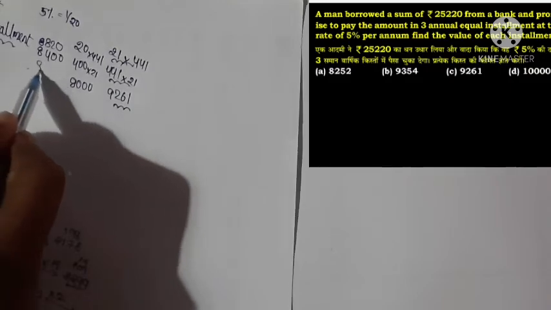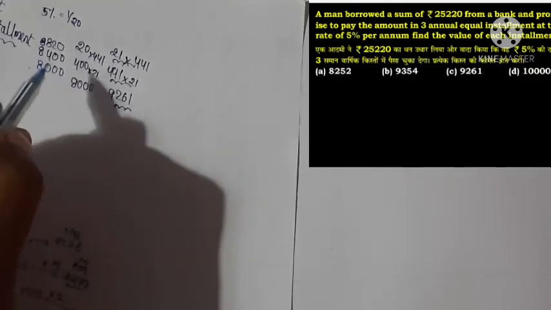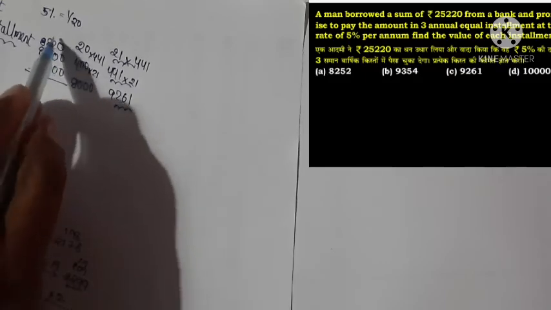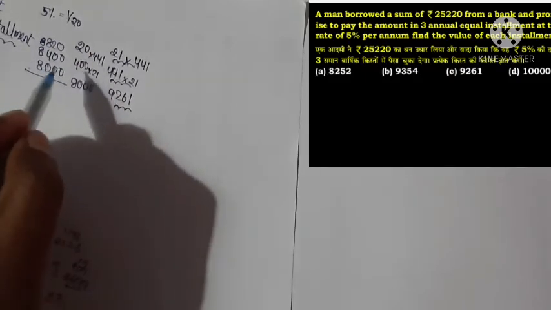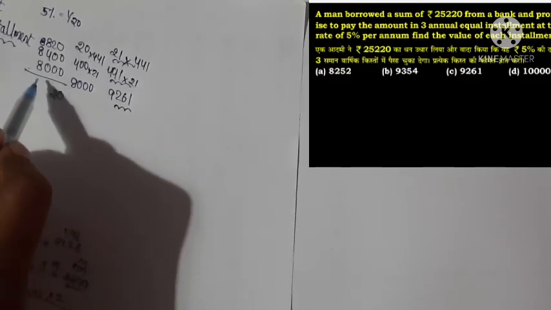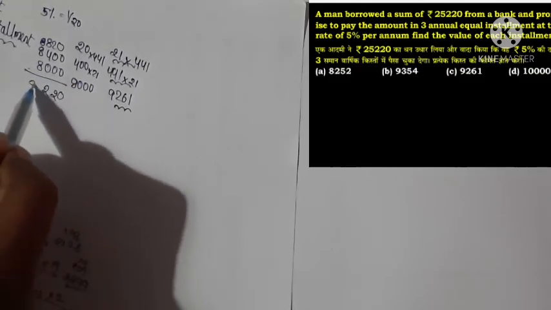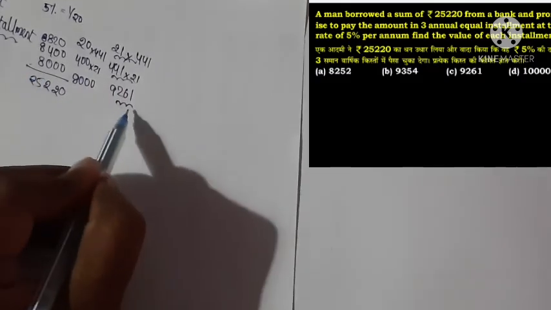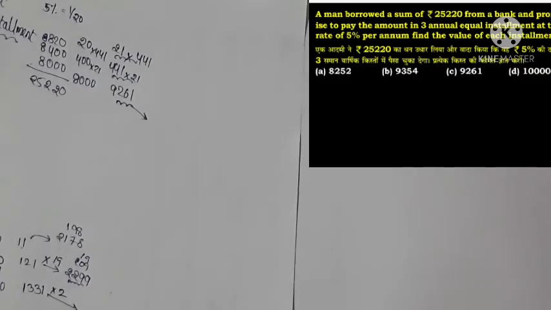So principal is 8,000. So this value is the principal. So this total value is the price. So this is an equal installment.